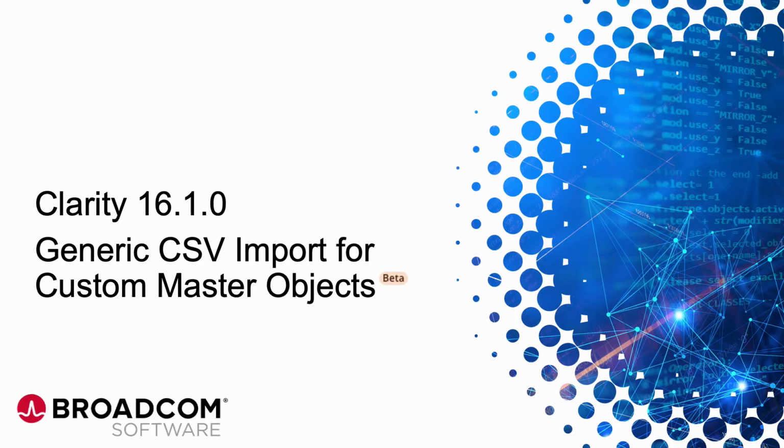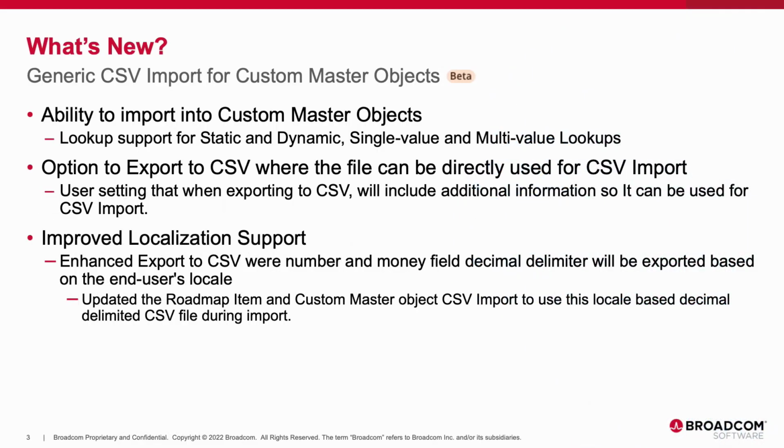And today we're going to cover the new improvements around the generic CSV import for custom master objects for Clarity 16.1.0. So what is new? What we've done for the generic CSV import for custom master objects is we took the basis of our CSV import from Roadmap and enhanced it.